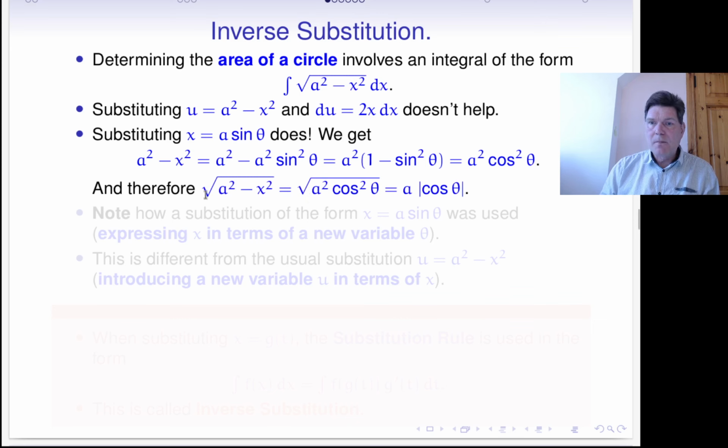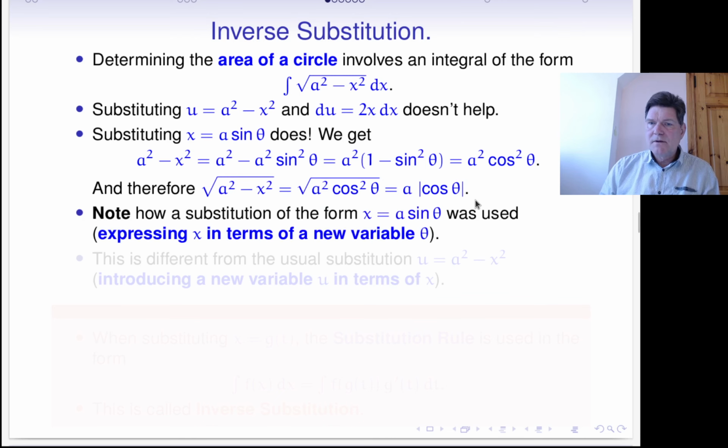And so now after the substitution, the square root of a squared minus x squared is a times the cosine of theta, or a times the absolute value of the cosine of theta. This is a substitution where x, the old variable, is expressed in terms of a new variable.